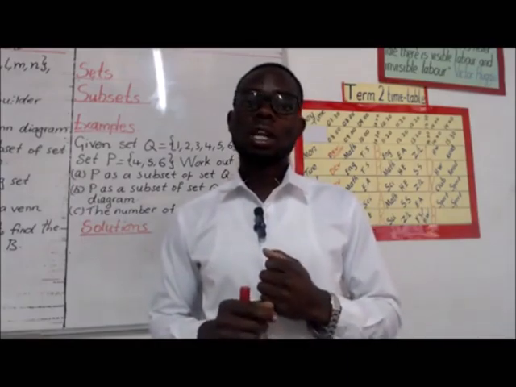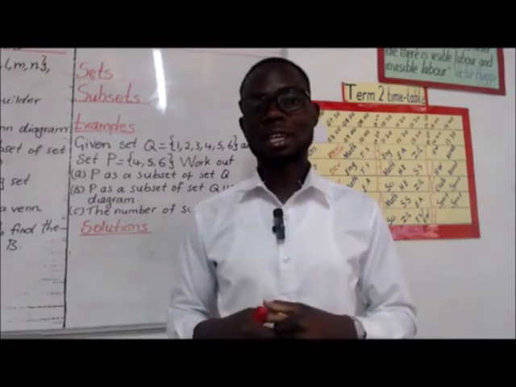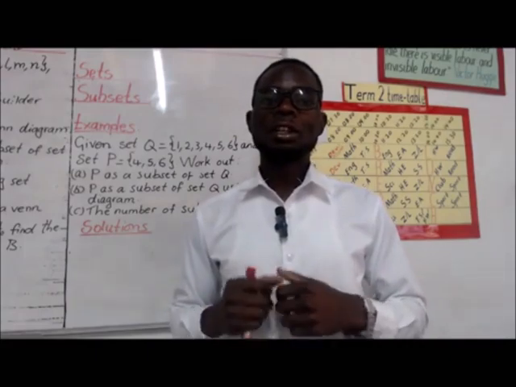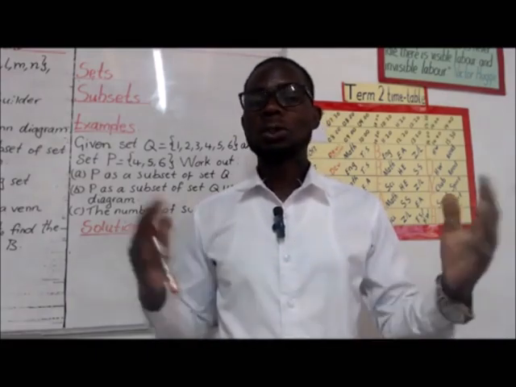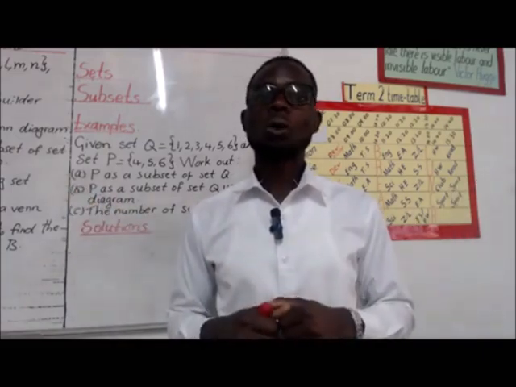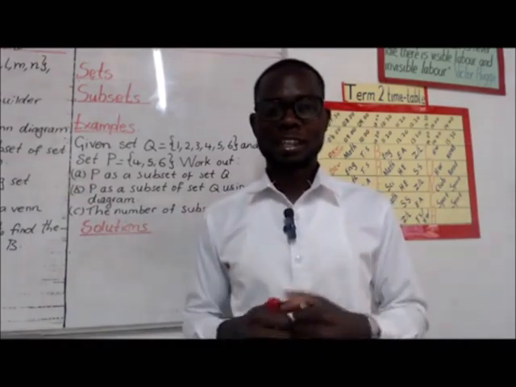We also learned about the union of the set. Now we found that when you have two sets, when we put these two sets together, what you get is the union of those two sets.